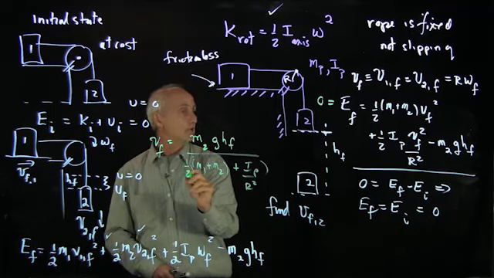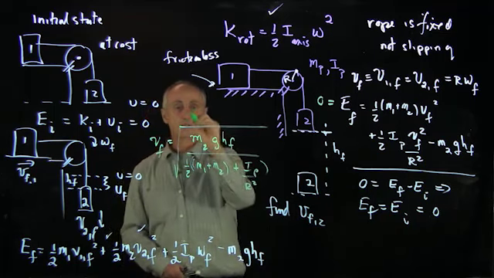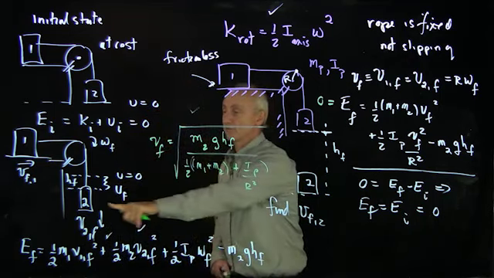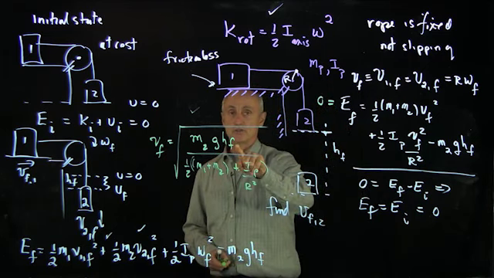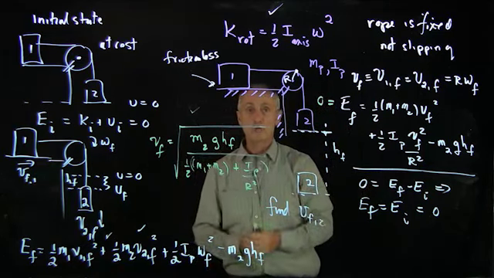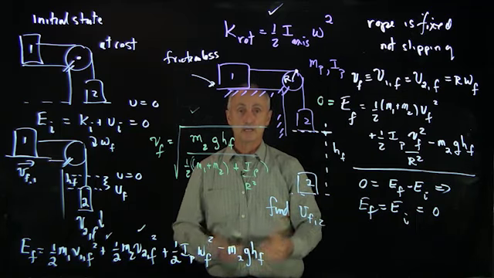And I now have to take the square root of the whole thing. And that's how I can find the velocity of block 2 when it's dropped down a certain distance h final. So here we've generalized our energy approach to include rotational kinetic energy.